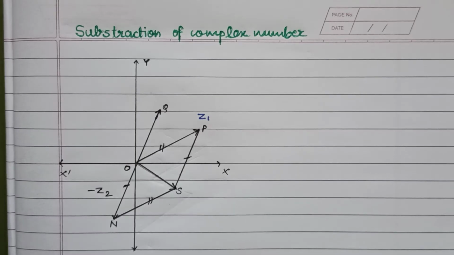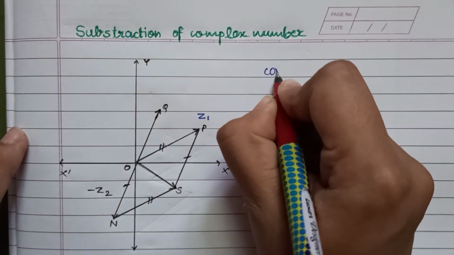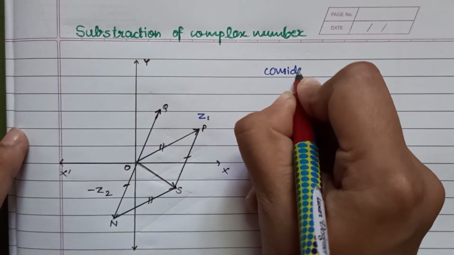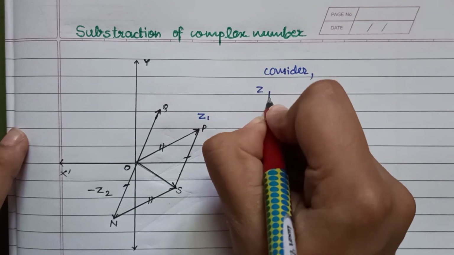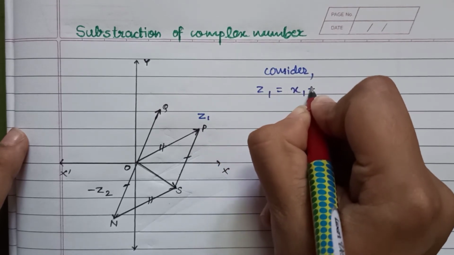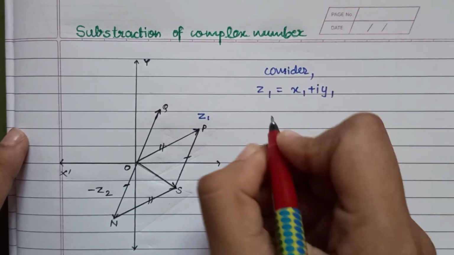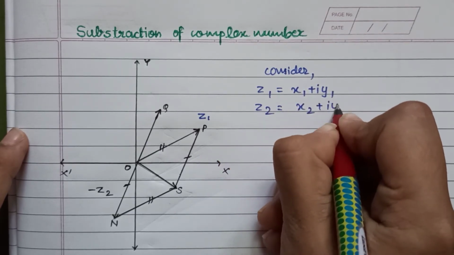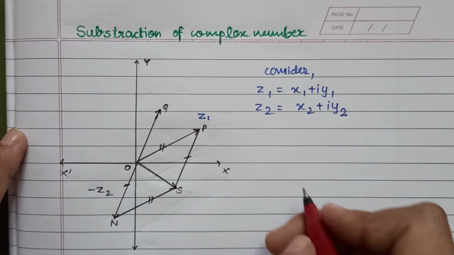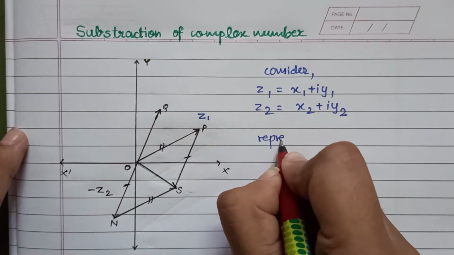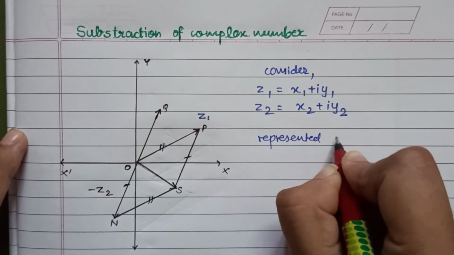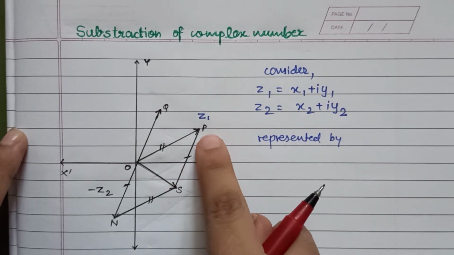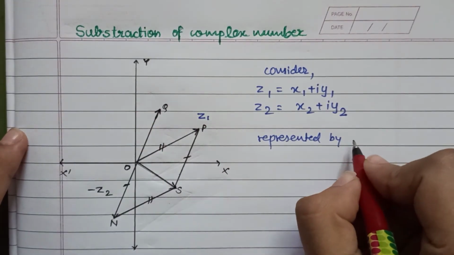Subtraction of two complex numbers. Consider two complex numbers Z1 is equal to x1 plus iy1, Z2 is equal to x2 plus iy2, which are represented by point P and Q respectively on Argand diagram.